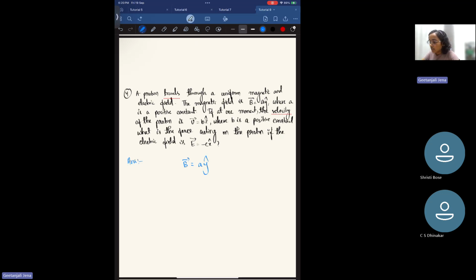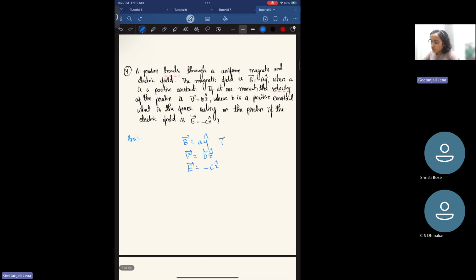If at one moment the velocity of the proton is v z cap, where b is positive, what is the force acting on the proton if the electric field is minus c x cap? So we'll have both electric and magnetic force. This will give the magnetic force, this will give the electric force.